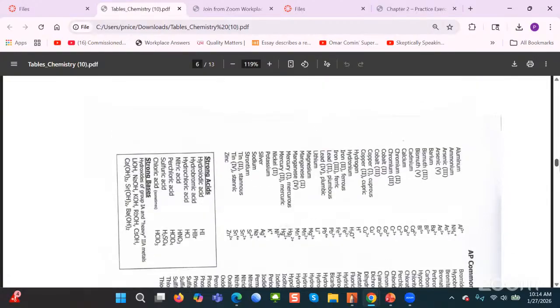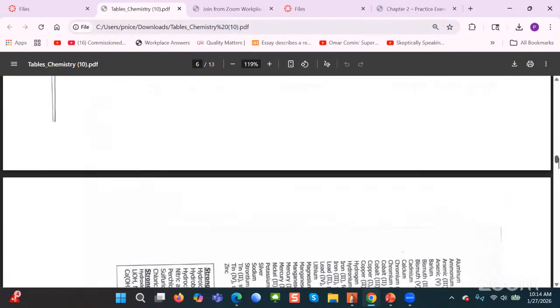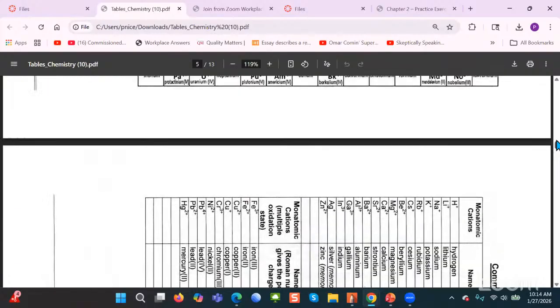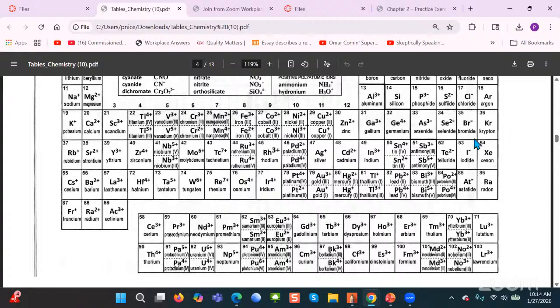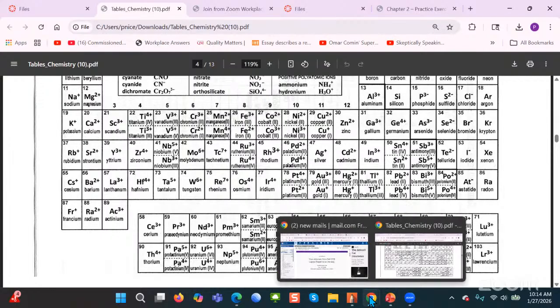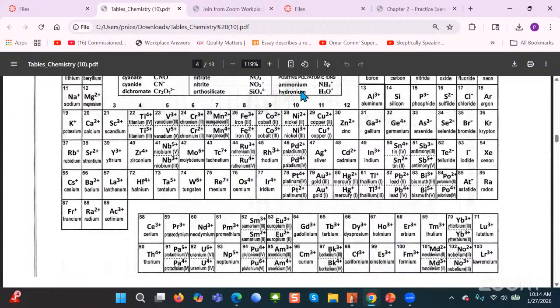The reason why I included these pages is because there are some ions that are indicated on one page but not the other. So I decided to put those 3 together so that you have access to all those common ions. So that's basically what you're going to refer to in order to answer these questions.